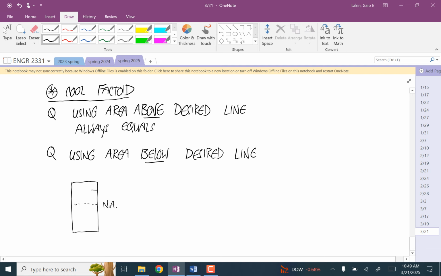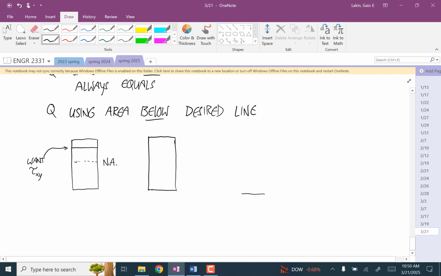And this is where we want to calculate the stress. So these are the two ways we can do it.